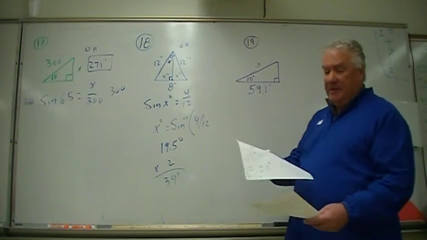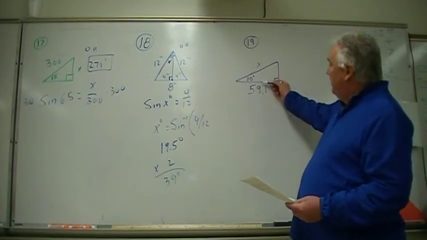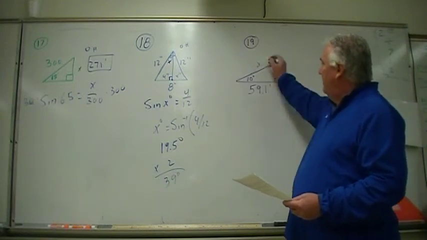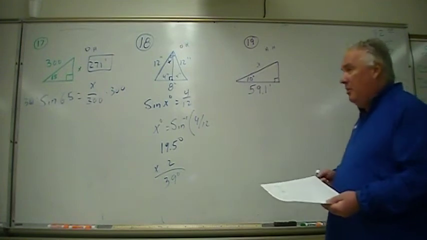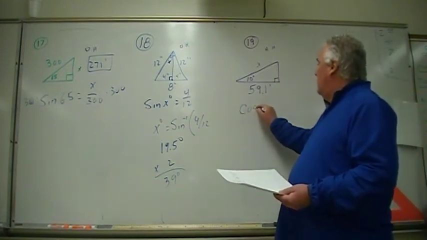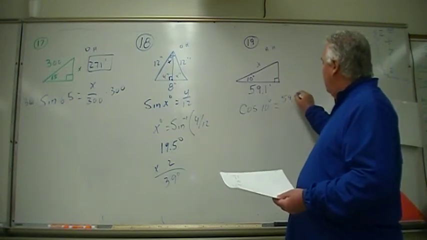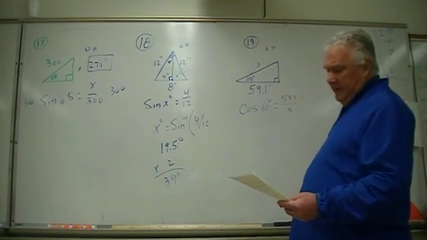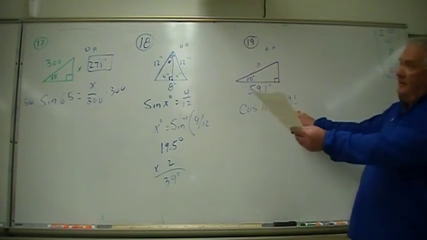Again, pretty basic problem. One step, pretty easy. We know the adjacent. We're looking for the hypotenuse. Adjacent and hypotenuse. A and H. Look on your board. It's cosine. Cosine 10 degrees is equal to 59.1 over x. I like this one is different than 17.